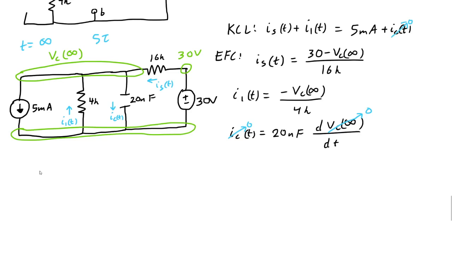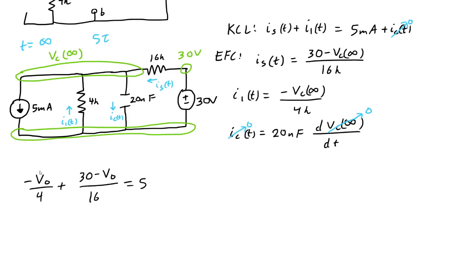So we're basically going back to the first circuits we ever did, where it was just resistors and current sources. So we're going to have minus VO over 4, I'll leave it in K just so I can neglect the M, so minus 4, and then 30 minus VO over 16K equals 5 milliamps.